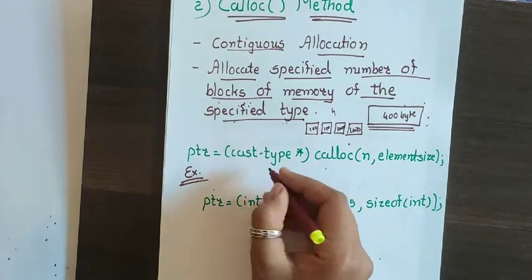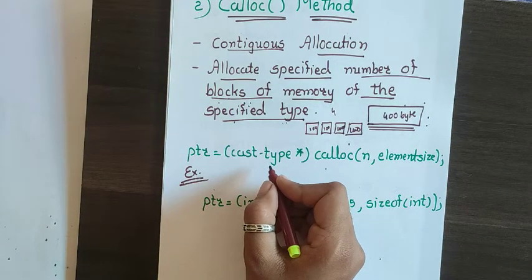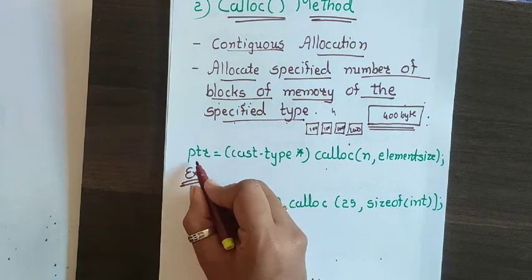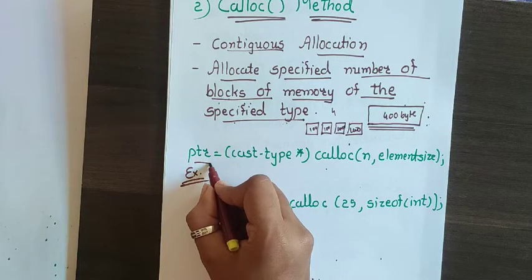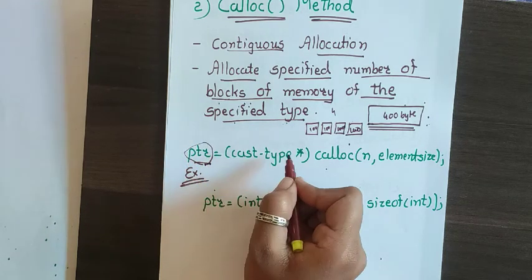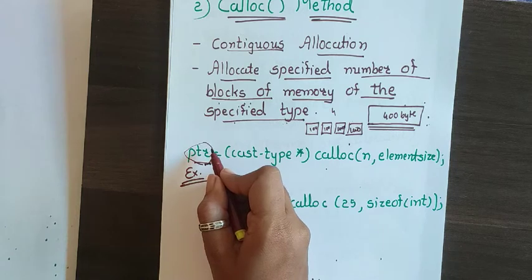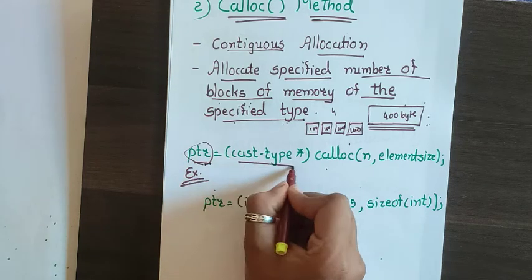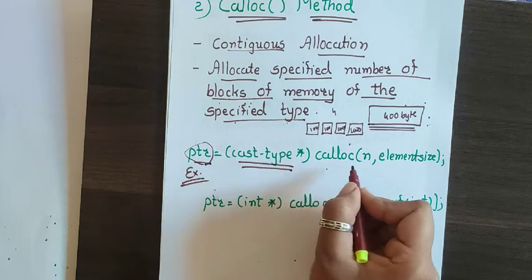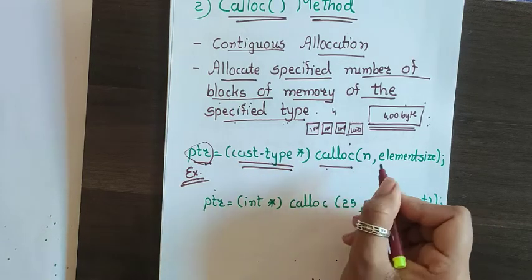Now in the syntax there is a little bit of difference, other things are the same. PTR is again a pointer, and you can take any variable name. It returns a pointer of void data type, so we need to typecast, that's why I have written the cast type star calloc.